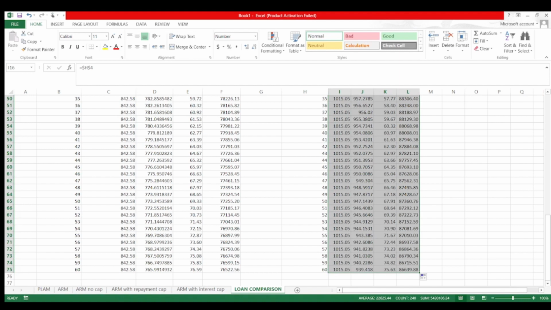With that, now we have the loan balance at the end of each period.